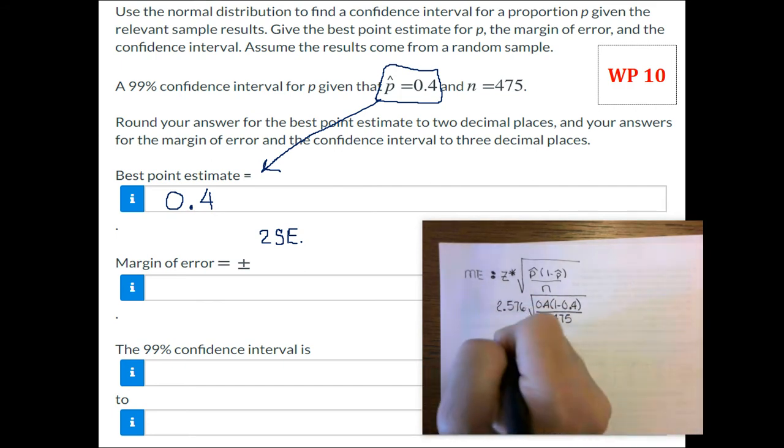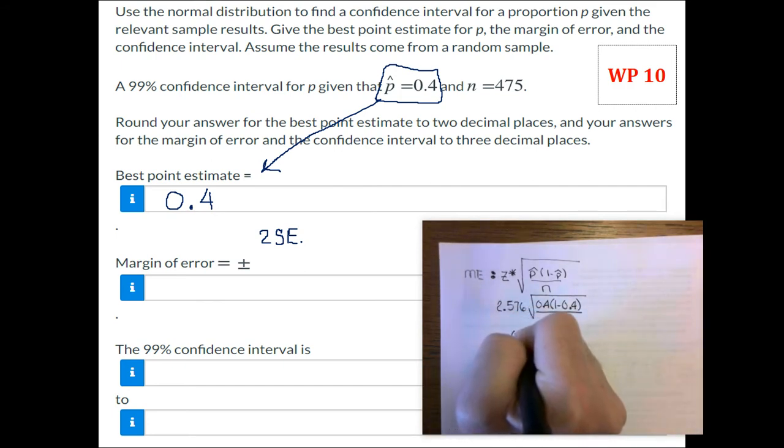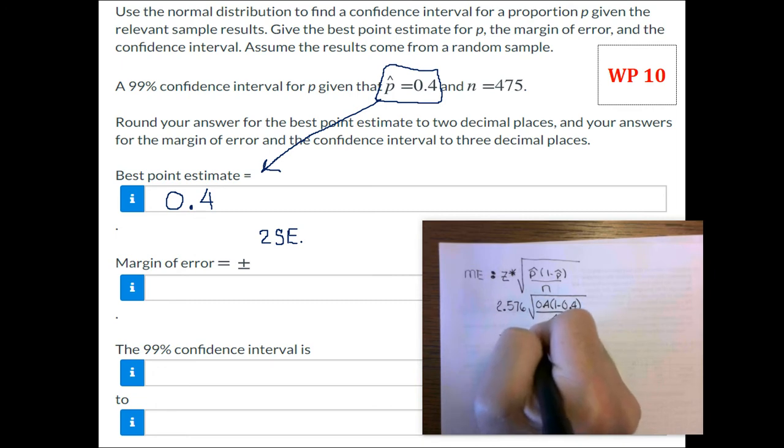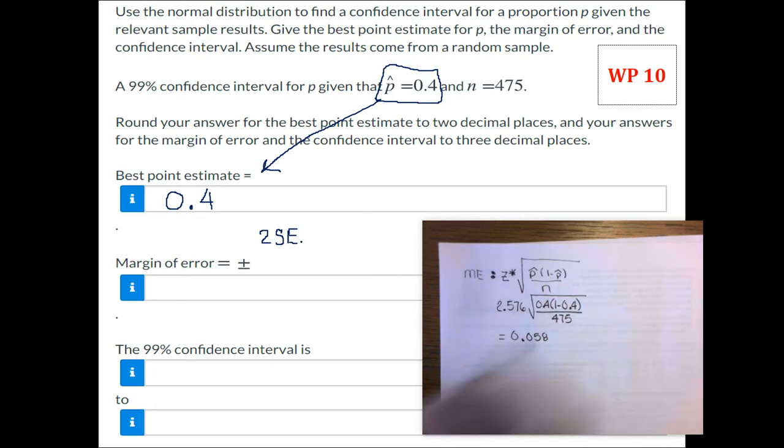Push the buttons on your calculator. 0.058. So we now know that we have a margin of error. Instead of using two standard errors, we now have calculated the true value at 0.058.